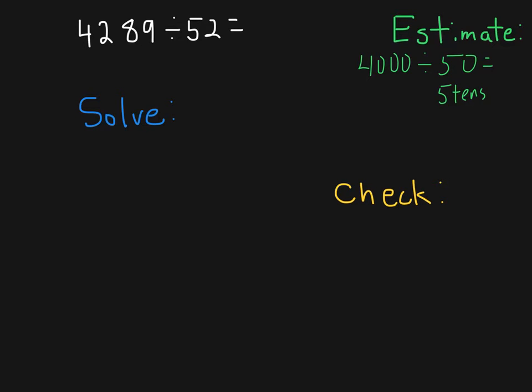And of course, 4,000 is going to be 400 tens. And so 400 divided by 5 will be 80.